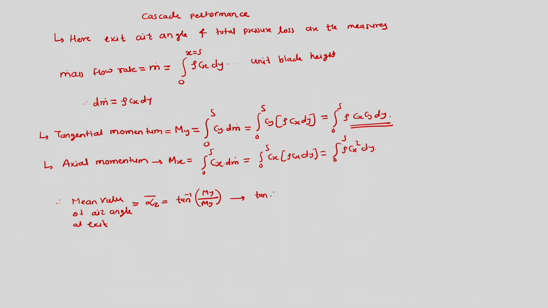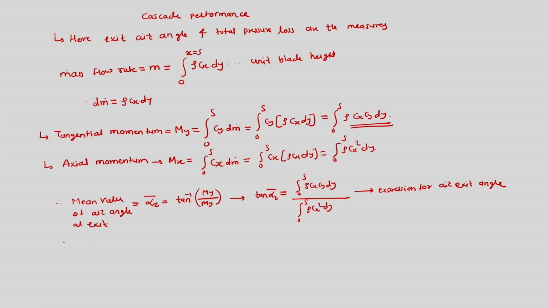So we have tan of alpha 2 bar is equal to integral of rho cx cy dy divided by integral of rho cx square dy. This is the expression for air exit angle.